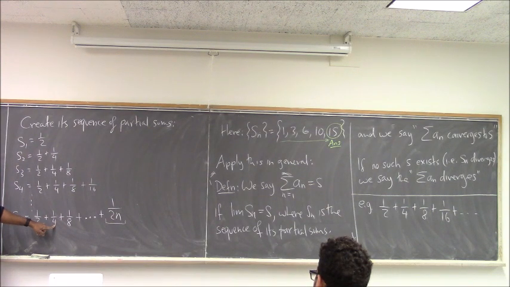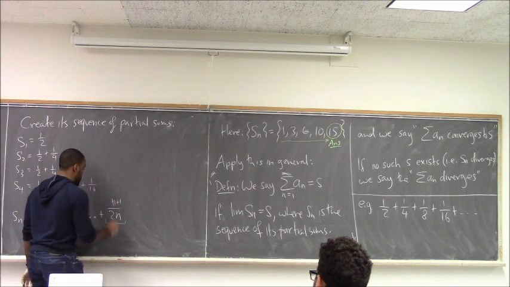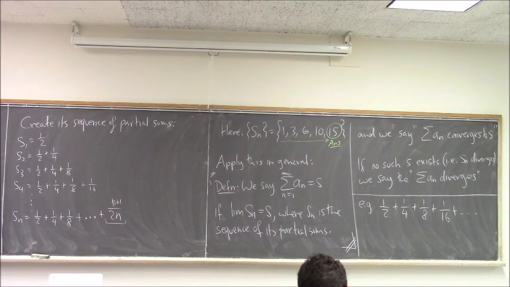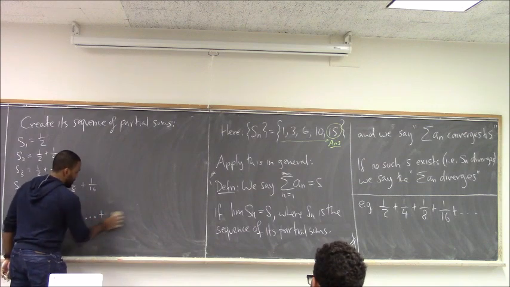Plug in n equals 3, I get an eighth. So, n plus 1 over 2n? If I plug in n equals 1, I would just get 1. So no. Would it just be 1 over 2 to the n power? 1 over 2 to the nth power.